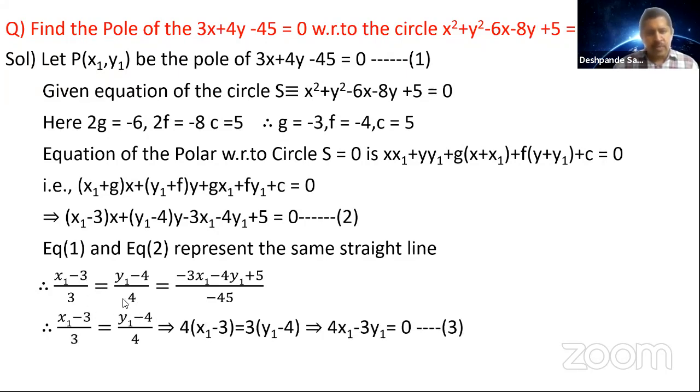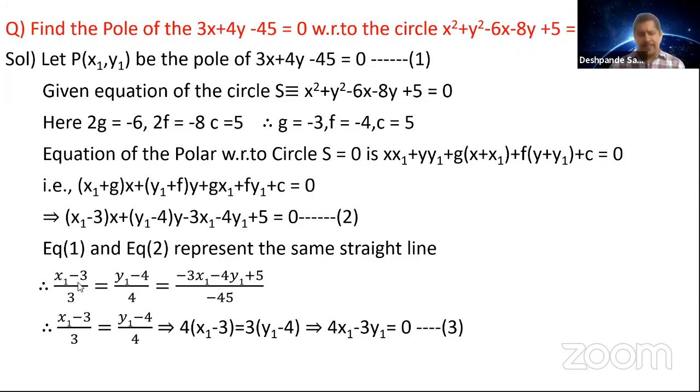So cross multiply, 4 times (x1 minus 3) is equal to 3 times (y1 minus 4). So it is 4x1 minus 12 equals 3y1 minus 12. Here you got minus 12, here also minus 12, so you can cancel off 12 and 12 and get the equation as 4x1 minus 3y1 is equal to 0. This is equation number 3.